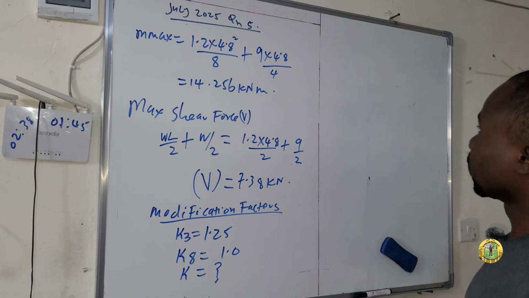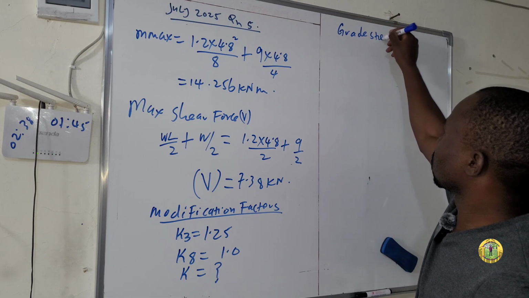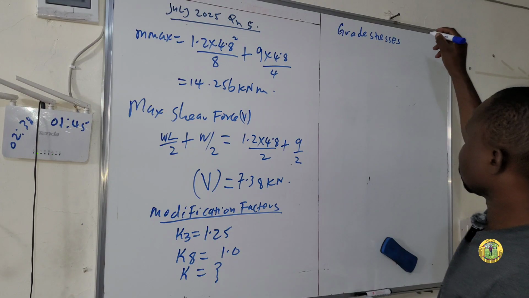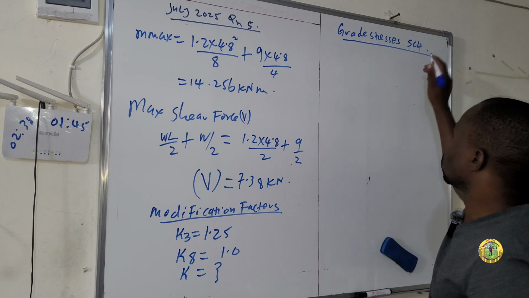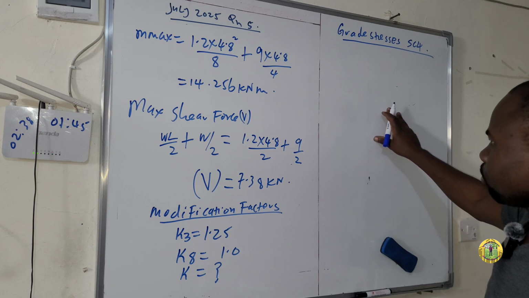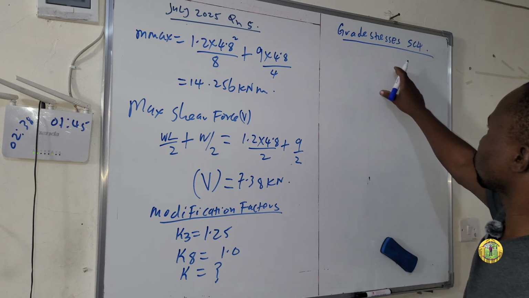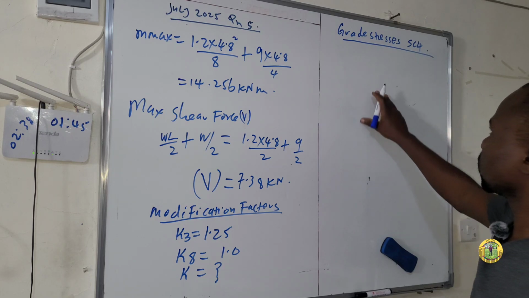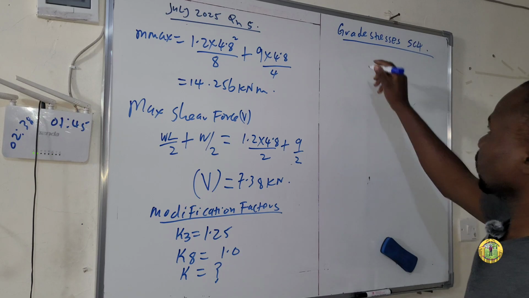So we now proceed to grade stresses, and this will be obtained from strength class 4. I want you to read these grade stresses on your own. I will not show you how to read it, but I will just give you the value.